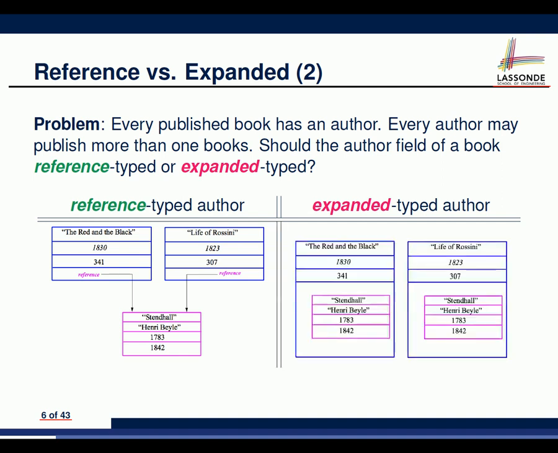On the other hand, on the right-hand side, the author attribute is of expanded type, which means even though the books are written by the same author, they are just different records, which means if I change the author record for this particular book, it's not going to modify the author record for the other one, right? They're separate copies. Questions?